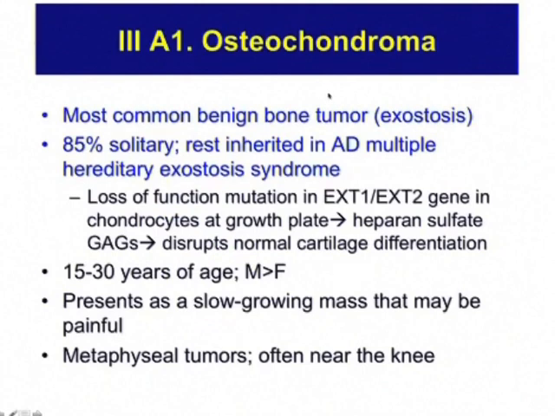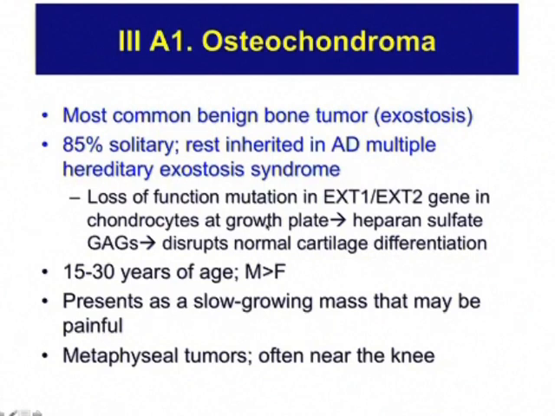We're starting out with osteochondroma. It's also called an exostosis. And this is the most common bone tumor. So if you see one, it's most likely going to be this one. The majority of the time, they're solitary, but there is an inherited syndrome. In the syndrome, you have mutations involving the EXT1 and 2 genes.